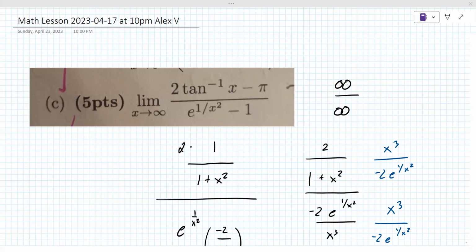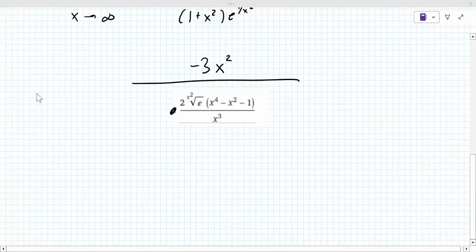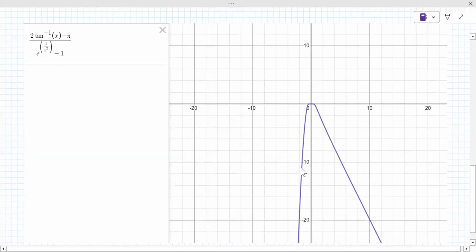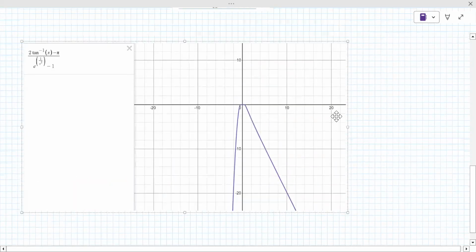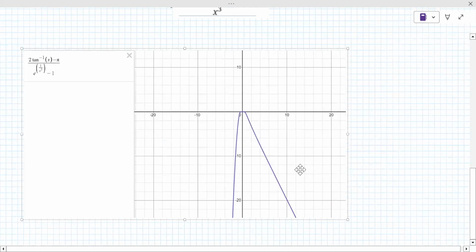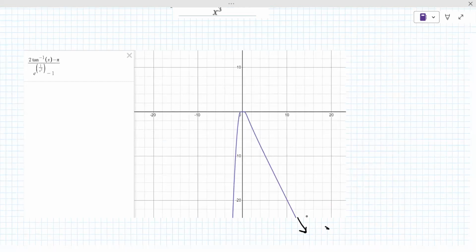Okay, so I've got the graph up. Maybe you've already done this yourself. Let me snip that in. Okay, so here's the graph of this. Make it a little bit easier to see. So we know the limit visually. We know that as x goes to infinity, this goes down to minus infinity. So we know what we're looking for, which is really helpful.